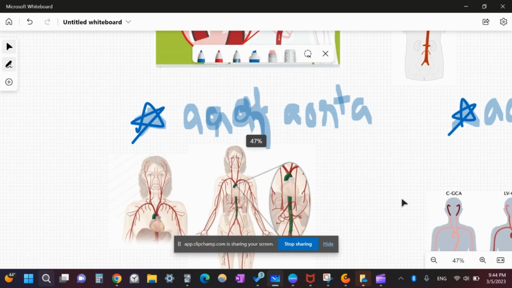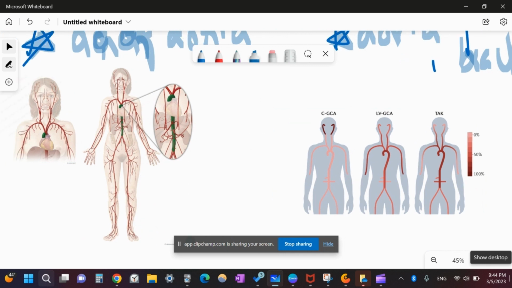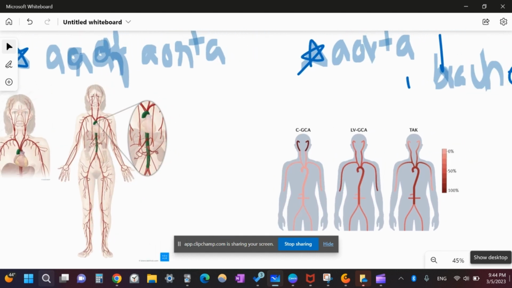Now, let's move on. You want to look at this picture because I know that giant cell arteritis and Takayasu can be pretty confusing for most people, right? I actually cannot remember where I took it from, but this shows you that giant cell arteritis mostly affects the head.